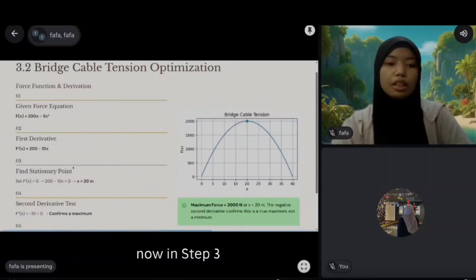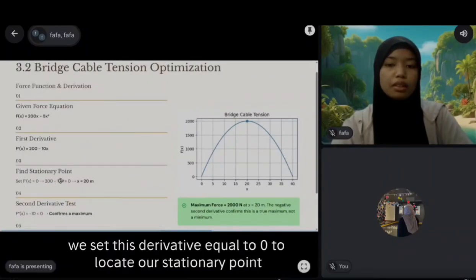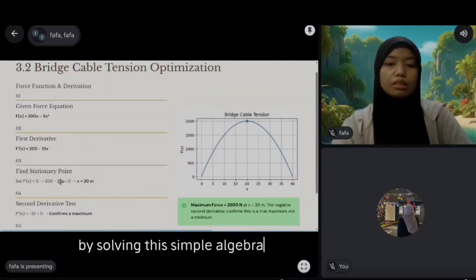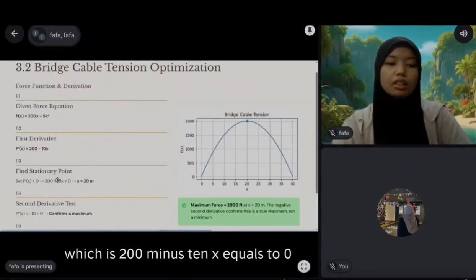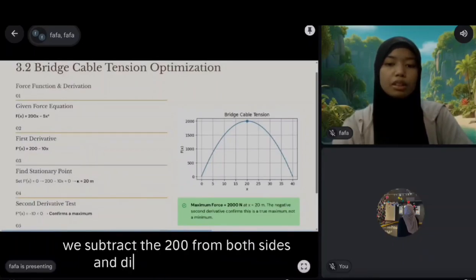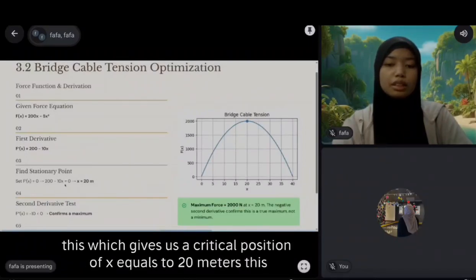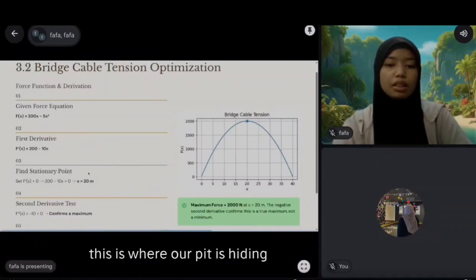Now, in step 3, we set this derivative equal to 0 to locate our stationary point by solving this simple algebraic equation, 200 minus 10x equals 0. We subtract 200 from both sides and divide by negative 10, which gives us the critical position of x equals 20 meters. This is where our peak is hiding.